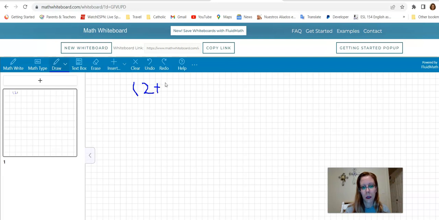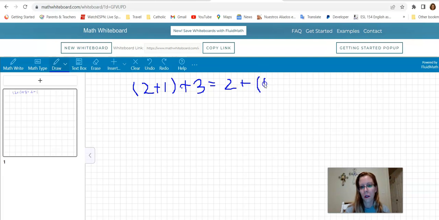So we have 2 plus 1 plus 3, and these properties work for the commutative and the associative, for both addition and multiplication, but not for subtraction or division. This will be the same as 2 plus 1 plus 3 with the parentheses moved.